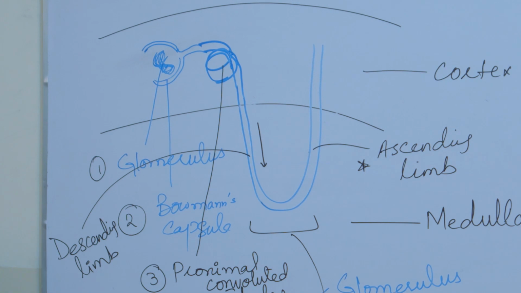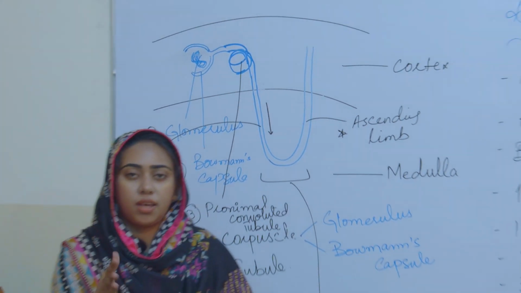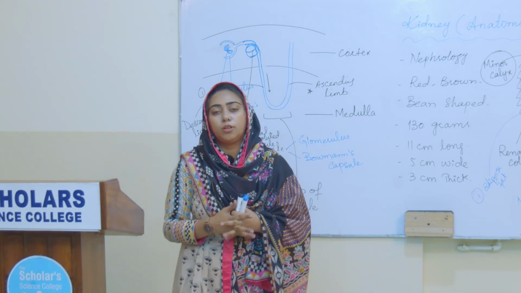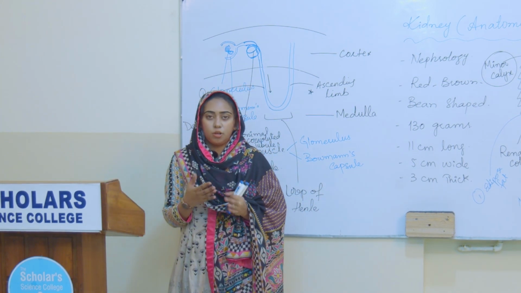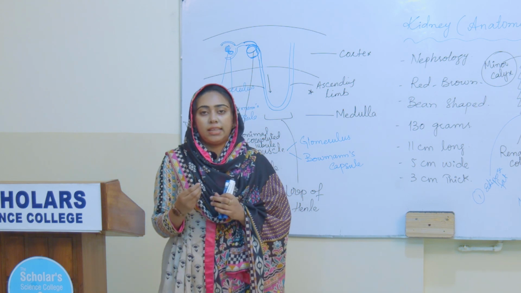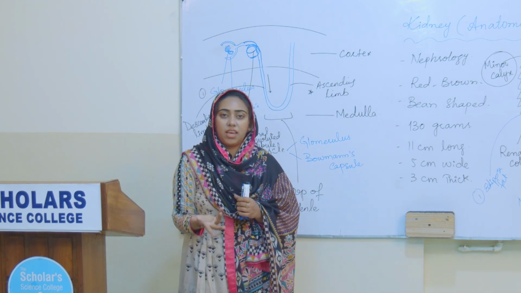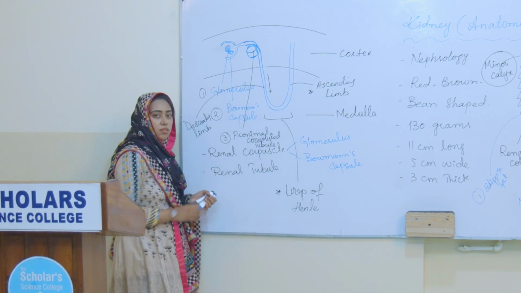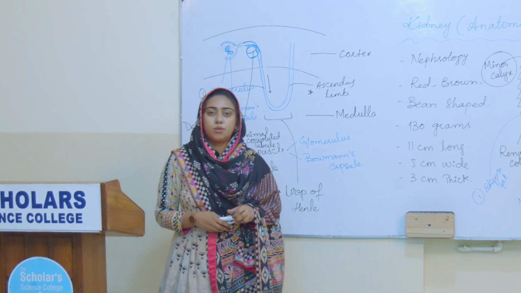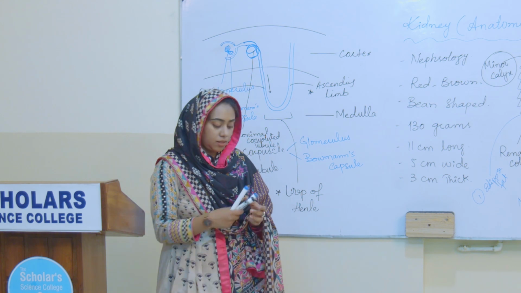They are known as thick or thin. Sometimes you will see thick or thin written somewhere, and that thick or thin is not according to their diameter or lumen area. That is by the layer which is making them. And if we are talking about the type of cells making this loop of Henle, then it is all squamous epithelial cells.